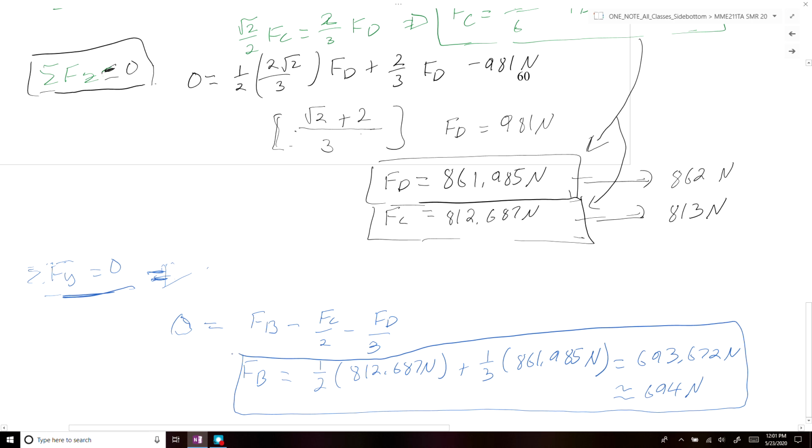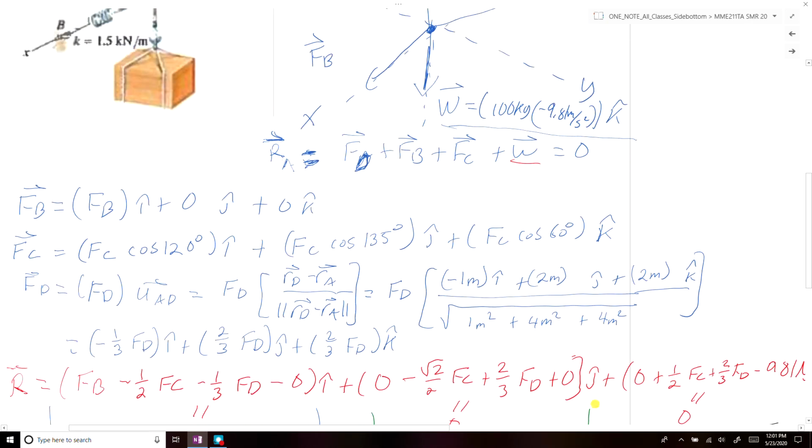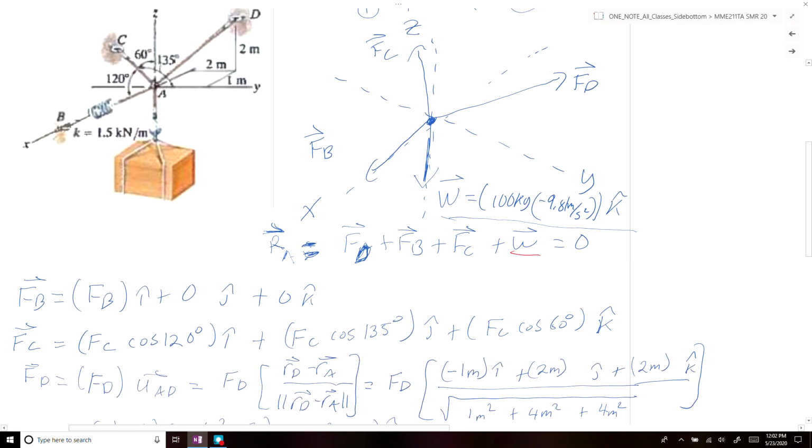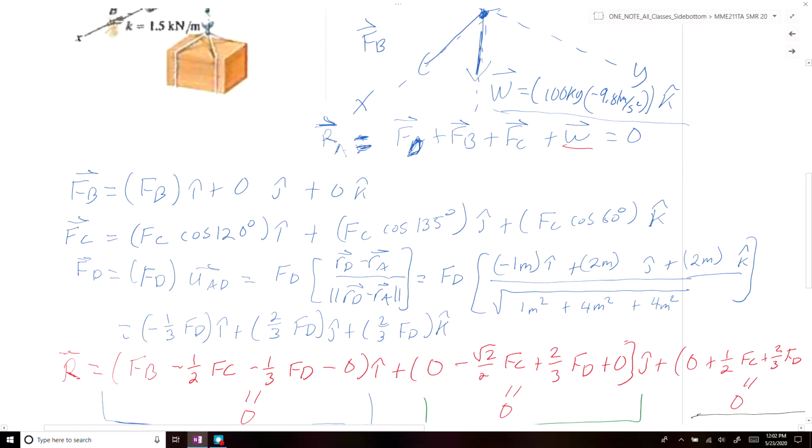Alright, so to recap what we did in this problem, we originally solved for the tension in each of the cords FB, FC, and FD using our equilibrium equation. In order to do that, we had to draw a free body diagram at point A. Once we had our free body diagram at point A, we then defined our equilibrium equation at point A. We defined each of the terms in that equation as Cartesian vectors using the information from the diagram and our unit vectors.